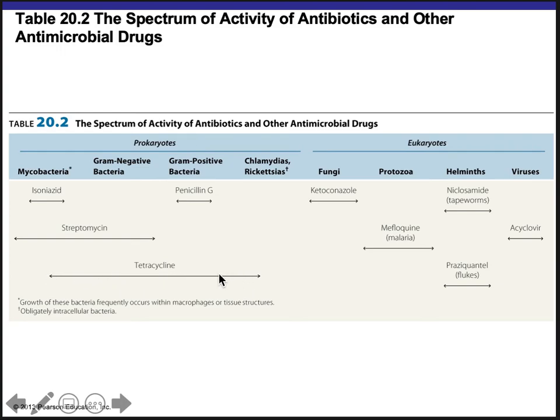And then we have the antifungals, anti-protozoans, helminths, and antivirals. And those, of course, are going to be relatively narrow spectrum. It's harder to make drugs for eukaryotic organisms because they're more similar to our own cells. There are fewer unique targets. Furthermore, viruses are here.